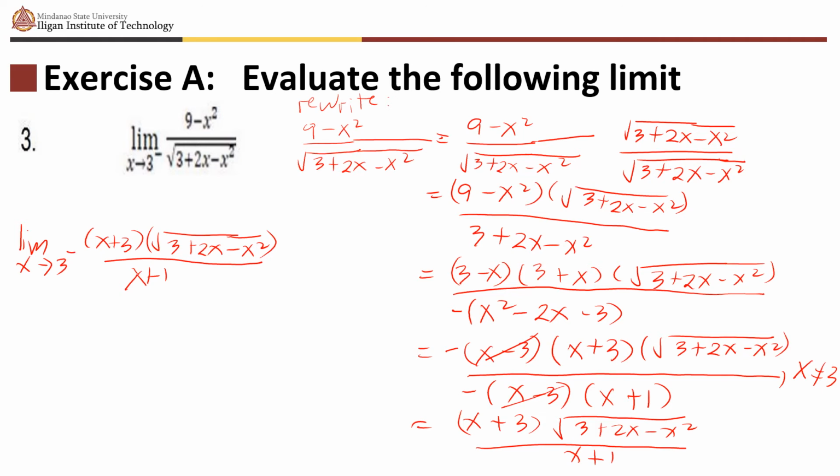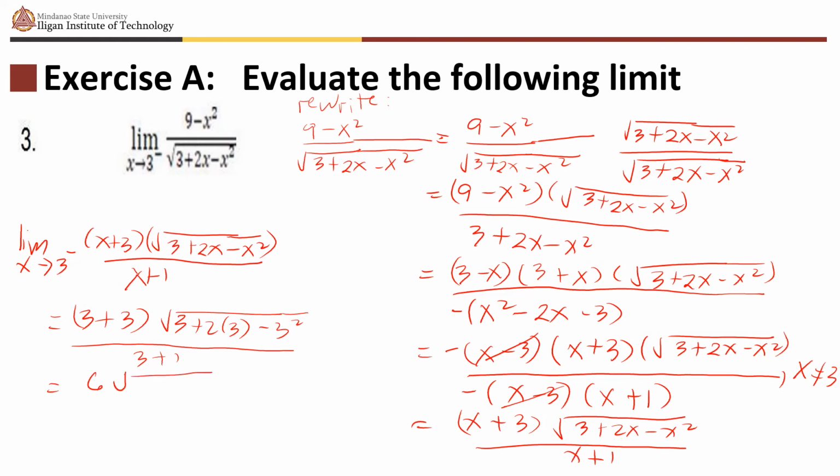So this is now equal to 3 plus 3 times the square root of 3 plus 2 times 3 minus 3 squared all over 3 plus 1. That's equal to 6 times the square root of 3 plus 6 minus 9 all over 4.